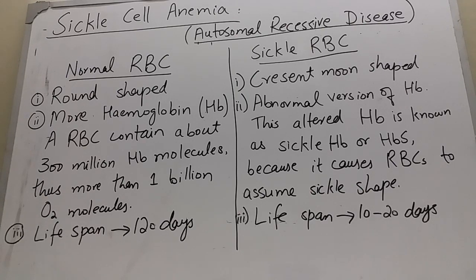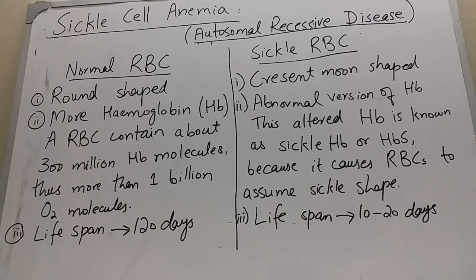HB is hemoglobin and S stands for sickle. So the changed, altered, or mutated hemoglobin is known as sickle hemoglobin, or HBS. Why is it called sickle hemoglobin? Because this abnormal hemoglobin causes the RBCs to assume the shape of a sickle or crescent moon.